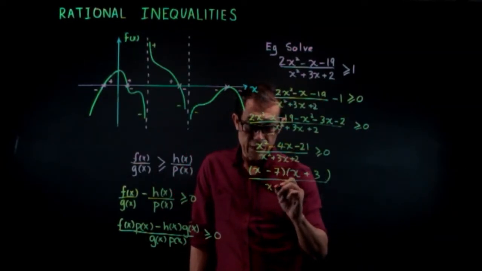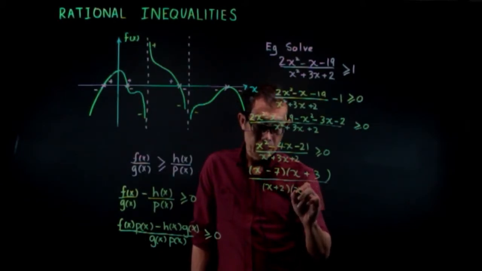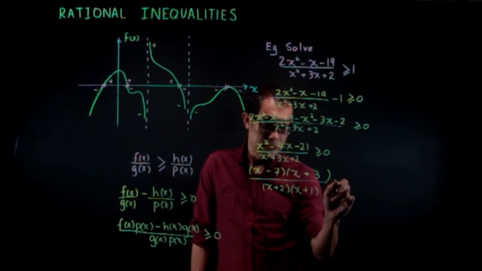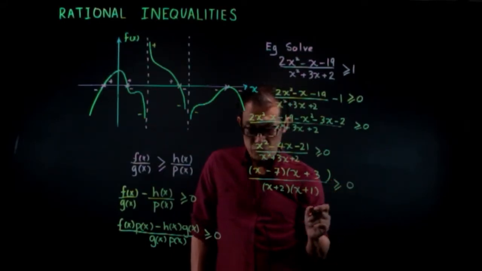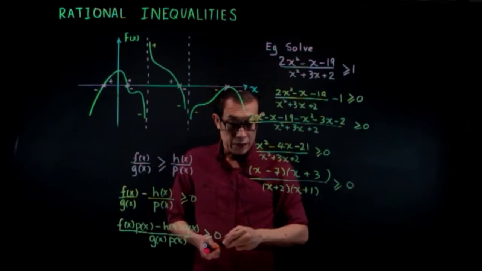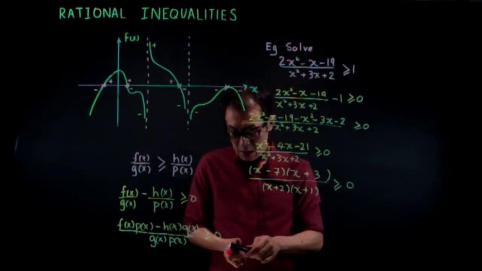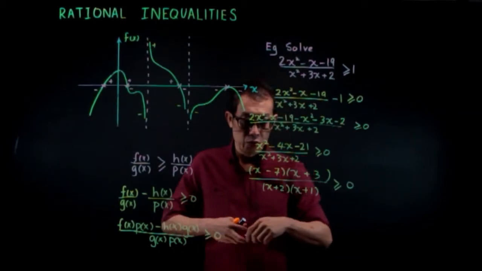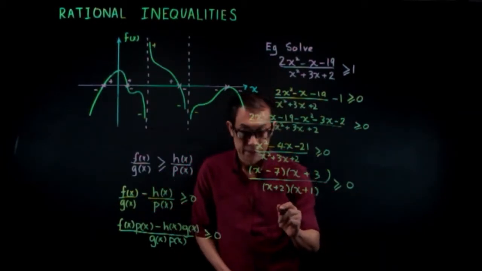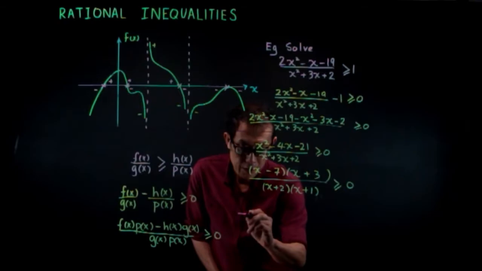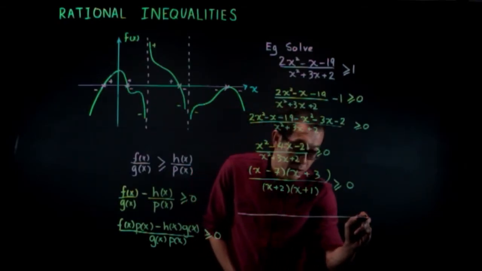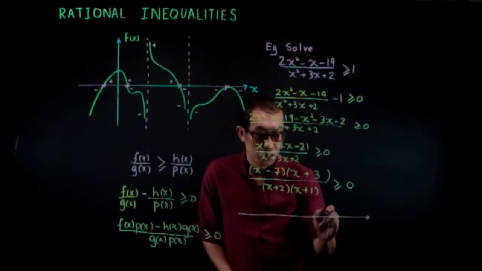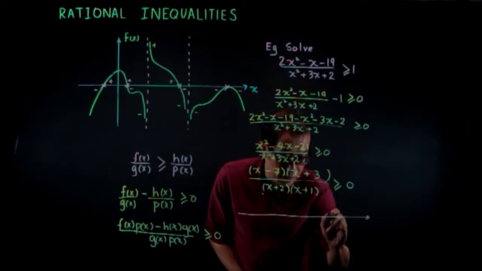So this will have x plus 2 times x plus 1, is greater than or equal to 0. Now we can draw the location of its asymptotes and also its roots on the number line. So you have a number line. One of the roots is at 7.